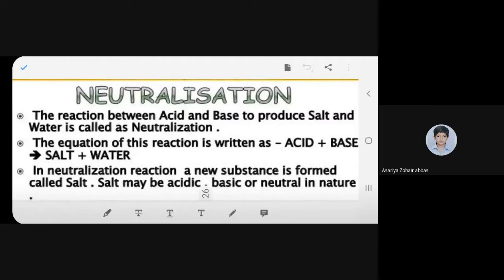And we get a new substance which is known as salt. Always remember, in a neutralization reaction, water is also given out. Water is always liberated. Is this clear?